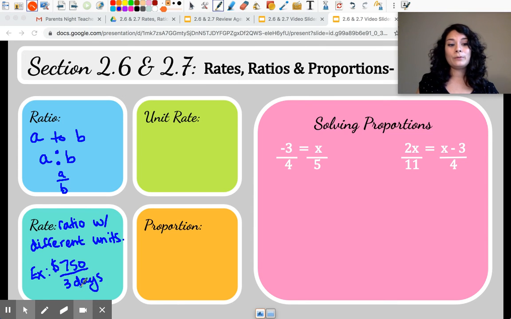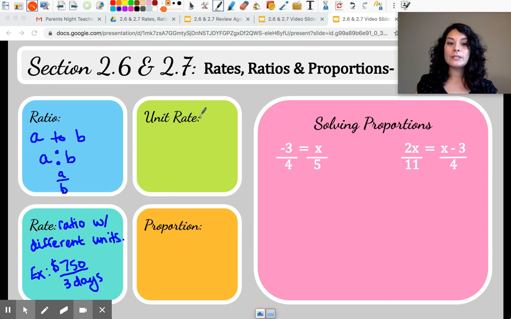That would be an example of a rate. You've got money as your numerator unit and days as your denominator unit. Other common rates, money per hour, miles per hour, basically anything that's a ratio where the units on the top and bottom are different. That would be a rate.